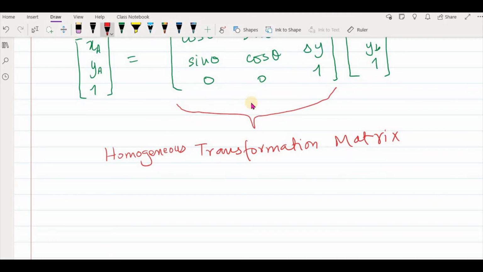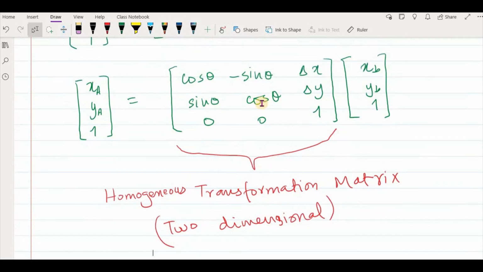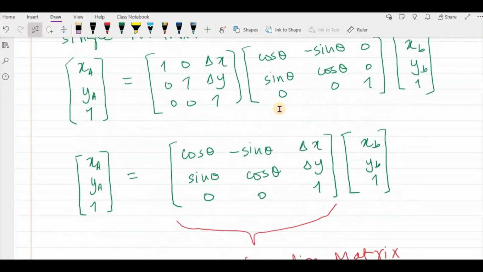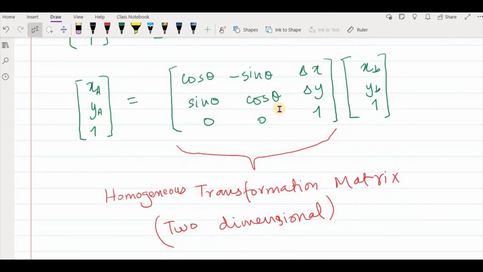Keep in mind that this matrix is two-dimensional, because you can see that we only have two coordinates, x, y. In the next lecture we shall talk about 3D homogeneous transformation matrices.